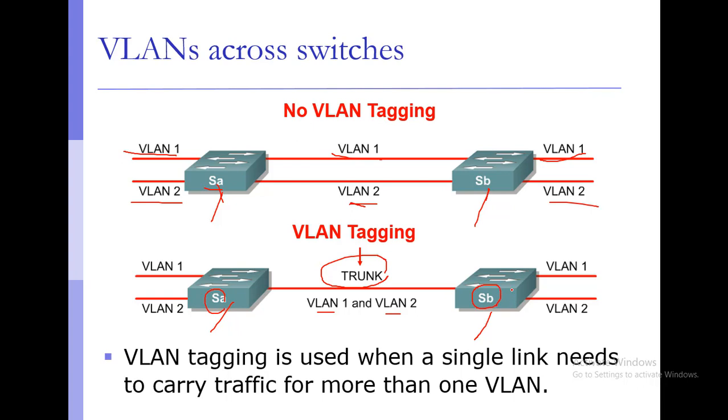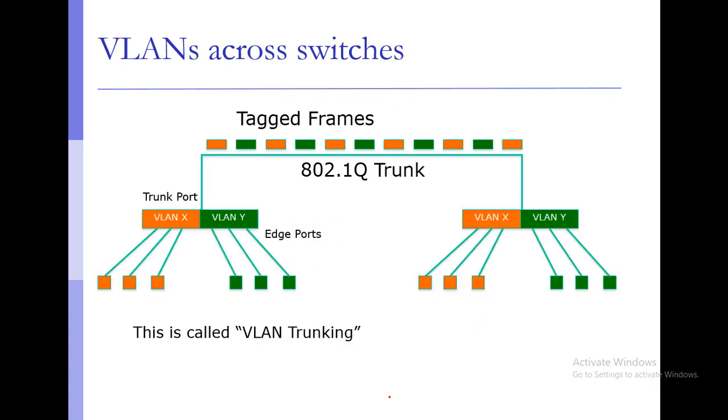VLAN tagging is used when a single link needs to carry traffic for more than one VLAN. You see that this green is highlighted for VLAN Y, and this orange represents the frames for VLAN X. So let's suppose VLAN X transmits something in this trunk port, and VLAN Y transmits some different packets or frames using the same trunk port.